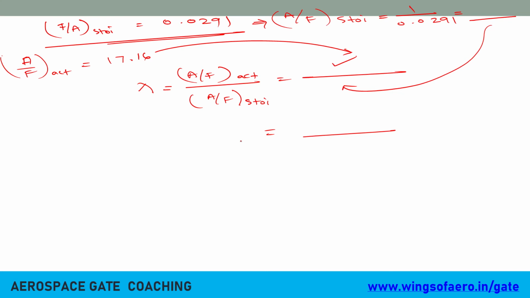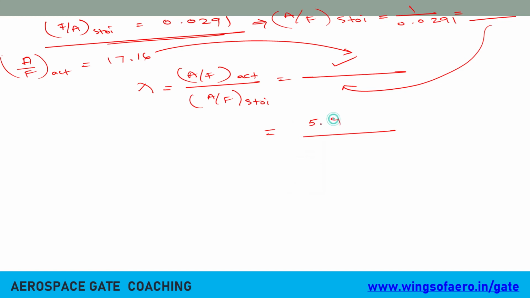What will happen with this scenario? Is this answer 589? 589 you are getting.